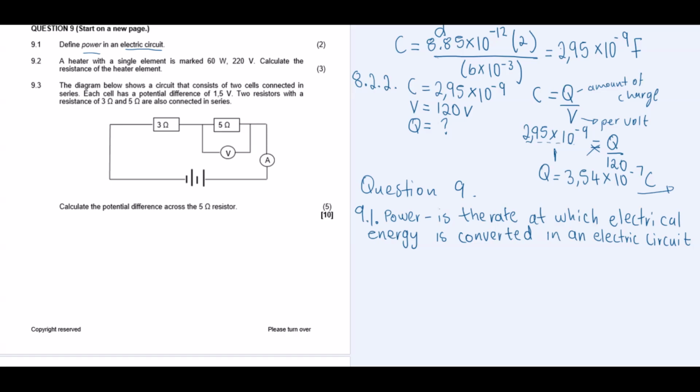So this is just the rate at which electrical energy is converted in an electric circuit. That's the definition for power. Then we can move on to 9.2.